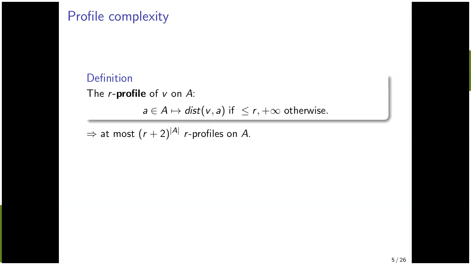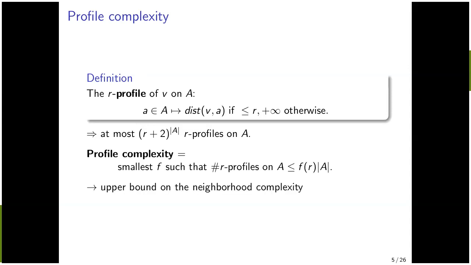So this is an object that contains more information than just the intersection between A and the ball of radius R, because not only do we remember this intersection, but we also remember all the distances between V and the vertices in this intersection. First easy remark: there are at most (R plus 2) to the |A| profiles on A, just because it's an |A|-tuple of values between 0 and R or plus infinity. So we have this trivial upper bound.